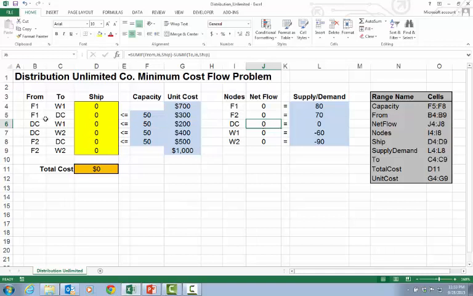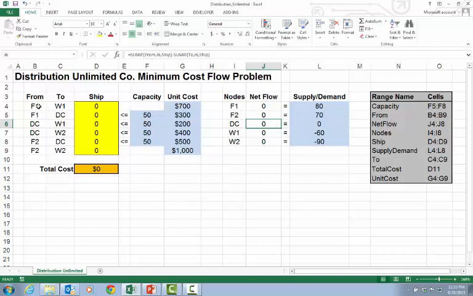So here's how this works. What this is saying is the following: if, in the range B4 through B9, which is this from range, that's, again, a named range defined over here on the right.